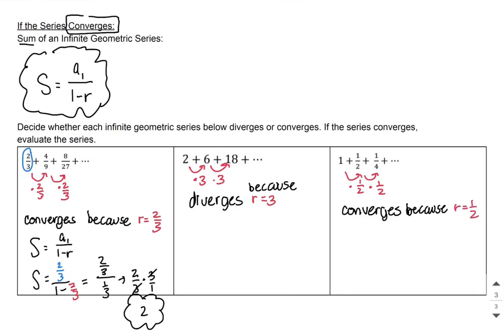And then I use my sum formula. So I'm doing 1 over 1 minus 1/2, which is equal to 1 over 1/2, which is 1 times 2, which is 2.